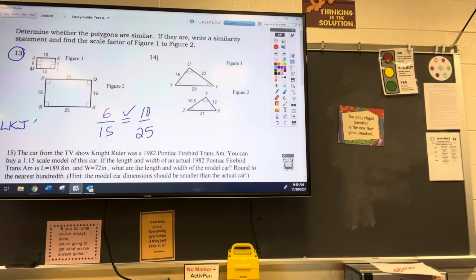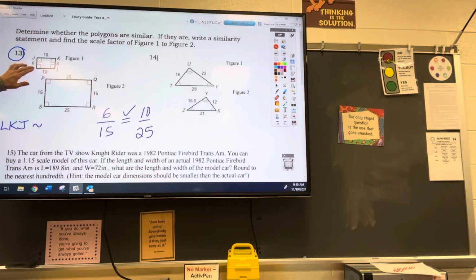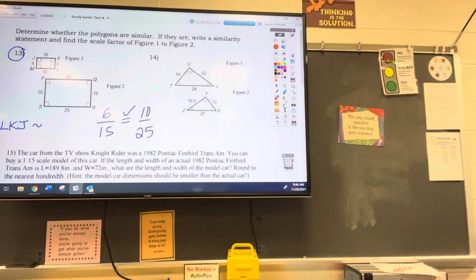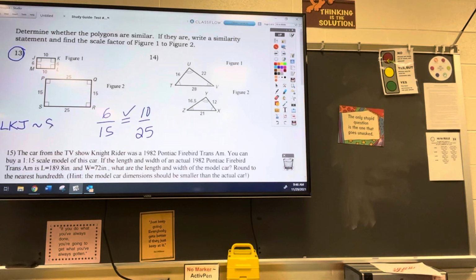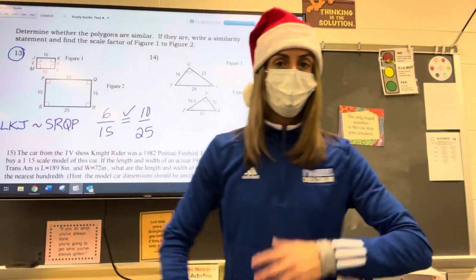MLKJ is similar to... since I started at the bottom left-hand corner, and M corresponds to S, I have to start with S here. So MLKJ is similar to SRQP. Good? And that is all a similarity statement is. It's just this is similar to this.